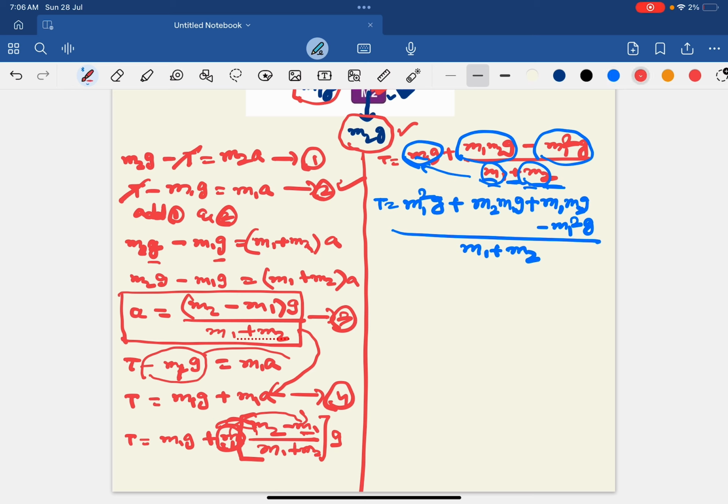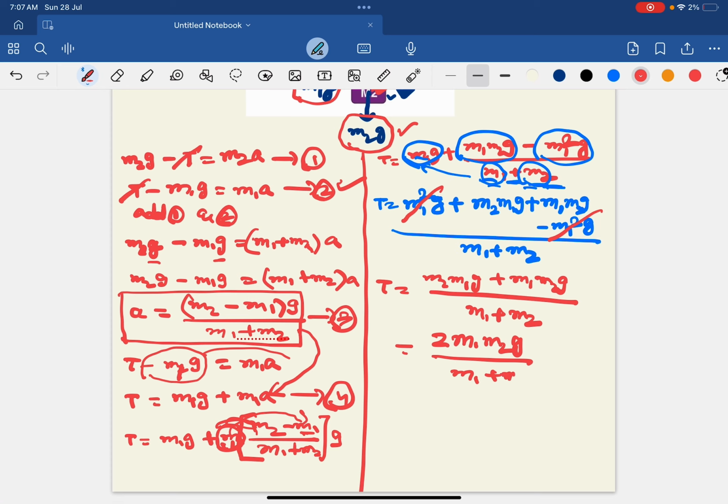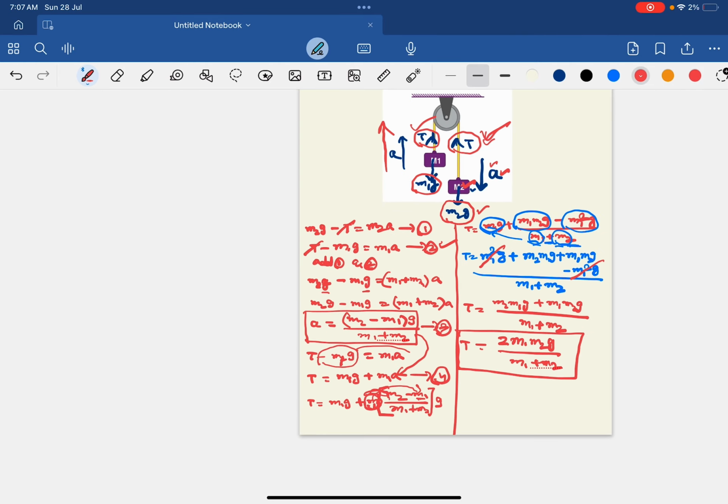From this equation we can clearly see that plus m1 square g and minus m1 square g cancel. The rest of the equation is T equal to m2 m1 g plus m1 m2 g by m1 plus m2. So we can write it as 2 m1 m2 g by m1 plus m2. This is the tension formula.